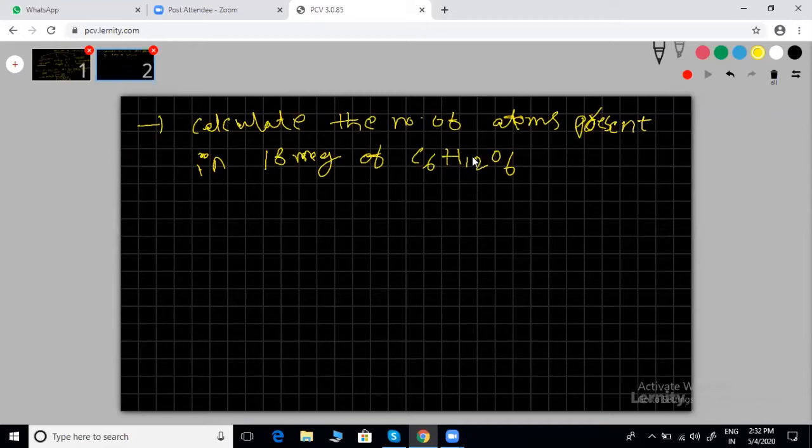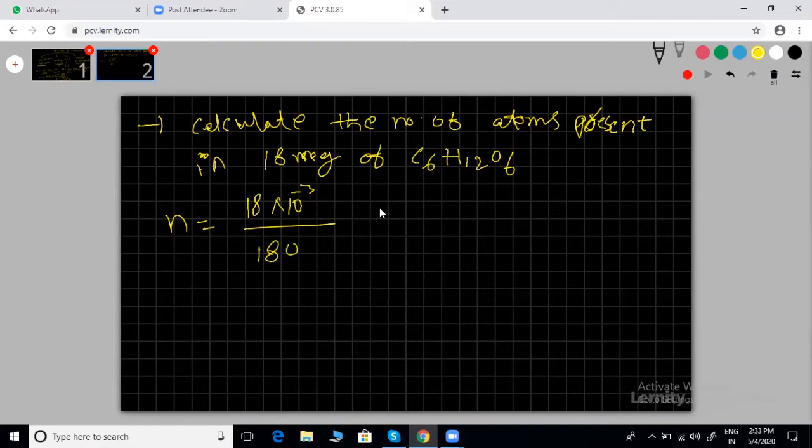Try to solve this question. Whatever they give, first find the number of moles: weight by gram molecular weight. Weight is 18 milligrams, which means 10 power minus 3 by 180 grams. Glucose is 180.